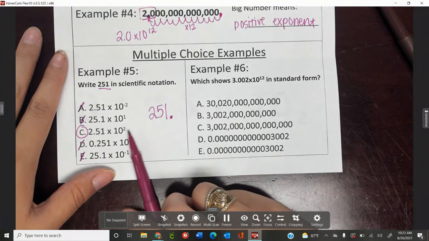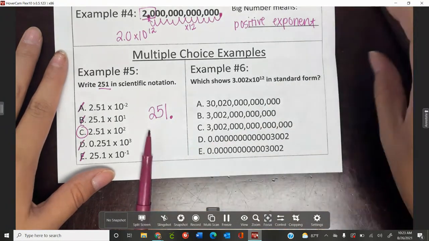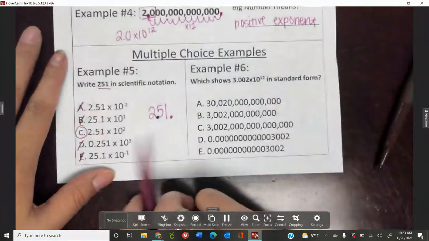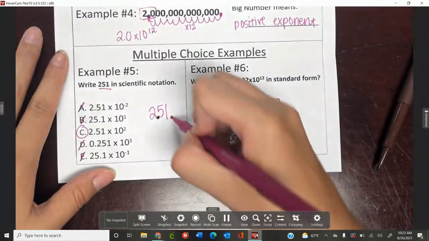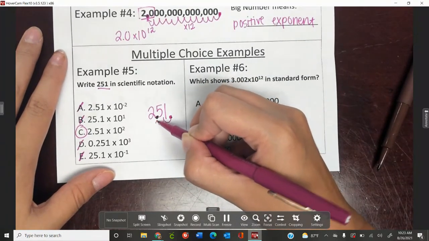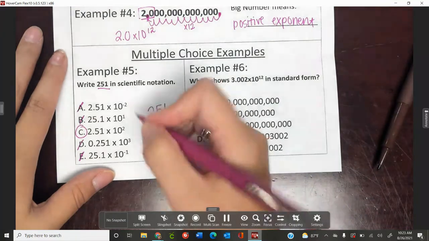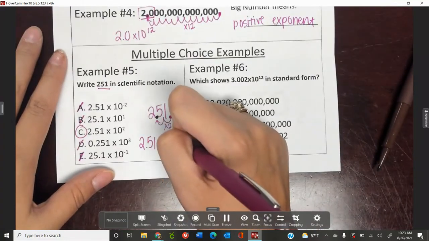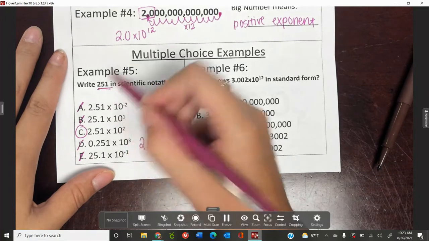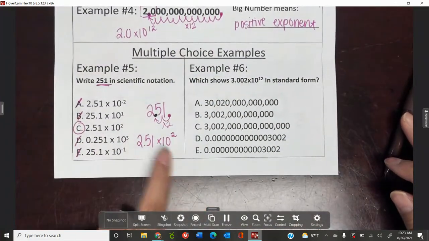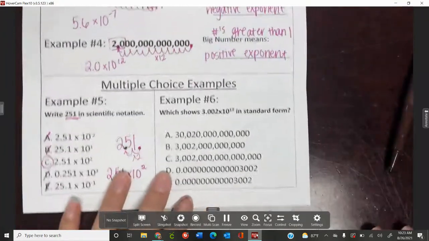Now, number 2 is a number that is 1 through 9, and it's a single digit, so I can go ahead and place my new decimal point here. So now all that's left to do is determine the amount of spaces I move from my original to my new, which was 2 times. So here, whenever I rewrite this, this is 2.51 times 10. Since my number was big, this is a positive exponent of 2. So again, this matches C.